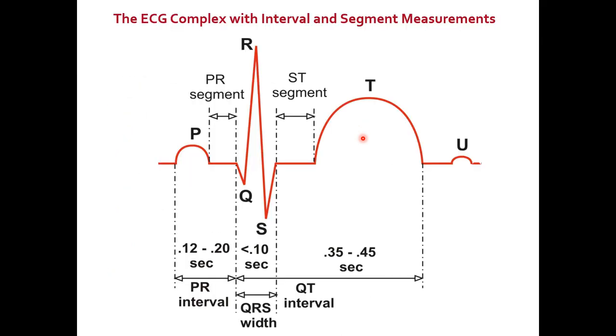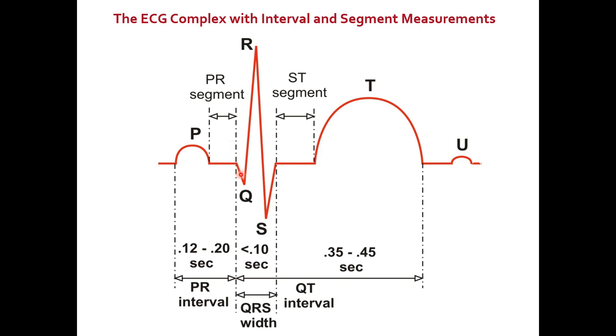So this is the diagrammatic representation of ECG. This is the P wave. From the start of the P wave to the start of the Q wave is called the PR interval. The first negative deflection is the Q wave. The first positive deflection is the R wave. Remember that the definition of Q is very important. This is the first negative deflection.